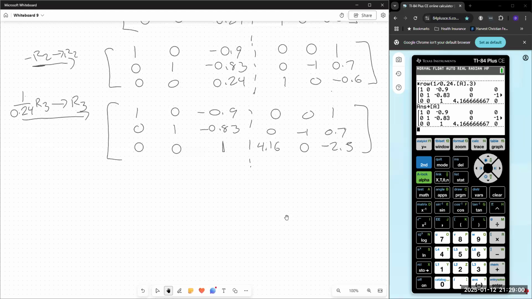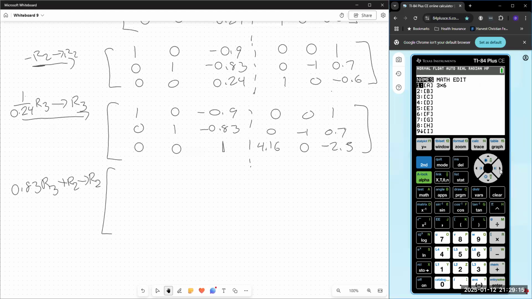Now we want to take 0.83 times row 3 plus row 2 to produce a new row 2. And that's going to give me second matrix math. And we want to multiply, add, so my multiplier is 0.83. We're in matrix A. We want to multiply row 3, add it to row 2 to produce a new row 2.